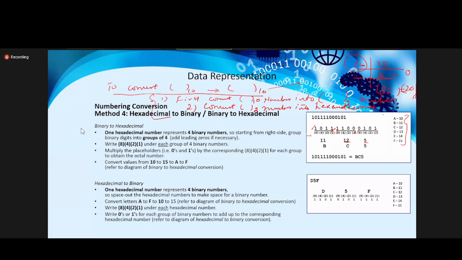But from 10 to 15, remember 10 is equal to letter A, 11 is letter B for hexa, decimal 12 is letter C, decimal 13 is letter D, decimal 14 is letter E, and decimal 15 is letter F. So you can just write down A, B, C, D, E, F, A to F, for your quick reference, right? A to F, and then 10 to 15.